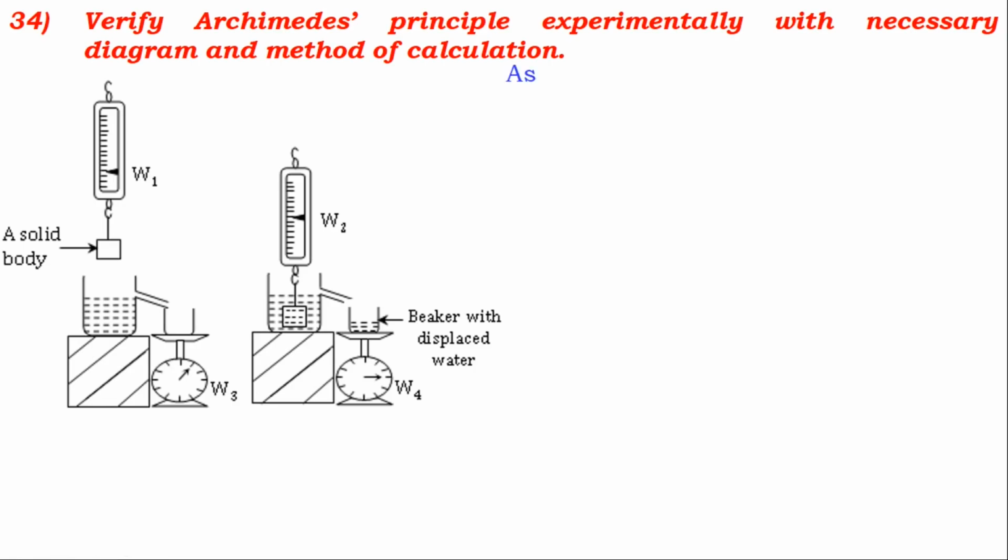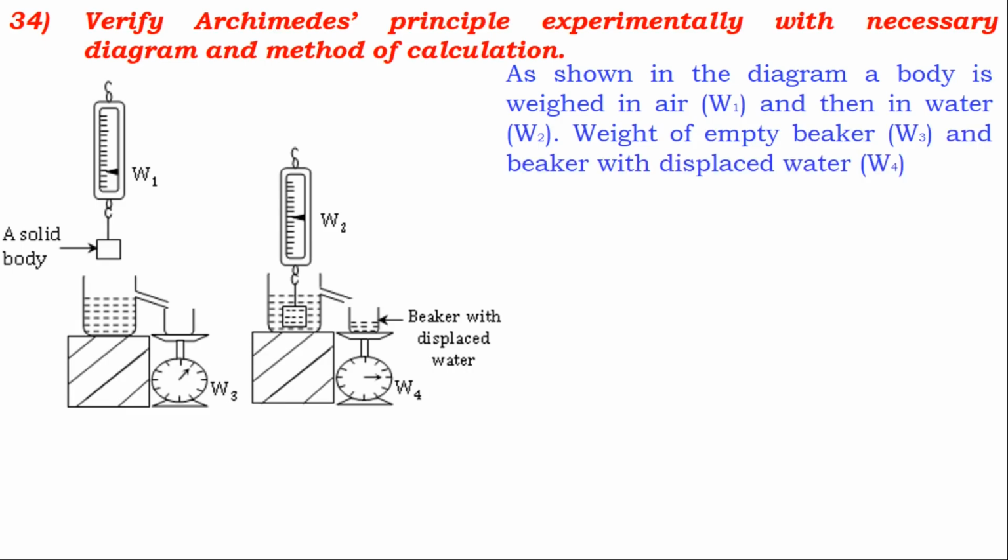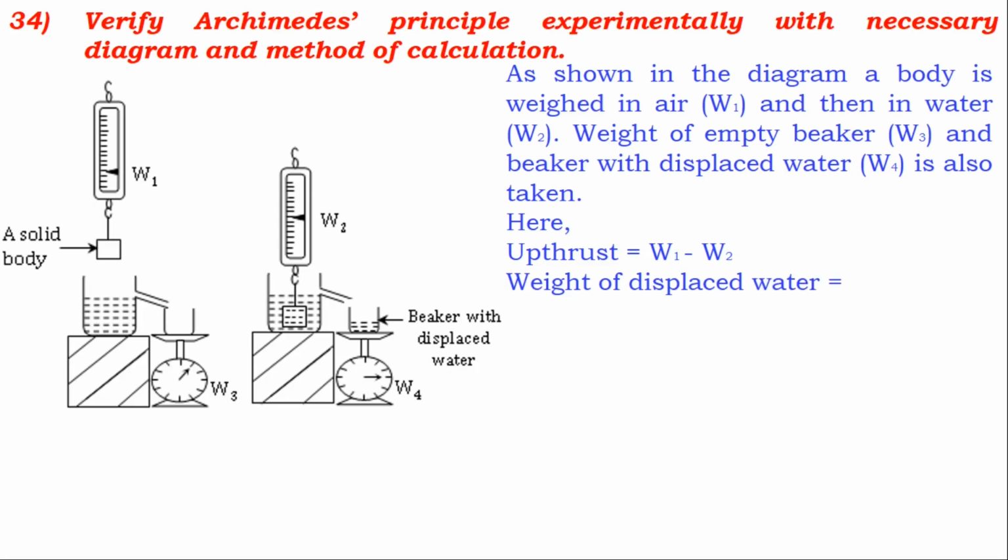So we can write it this way. As shown in the diagram, a body is weighed in air. Let's say it is W1, and then in water the weight is W2. The weight of the empty beaker, let's say W3, and the beaker with displaced water, W4, is also taken. Now this is the experiment, and these are the observations. Here upthrust is equal to W1 minus W2. We know this: weight in air minus weight in liquid. And the weight of the displaced water is W4 minus W3, because W4 is the beaker with water and W3 is just the beaker only.